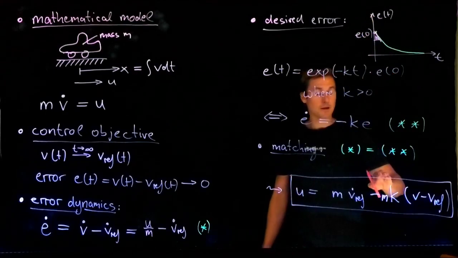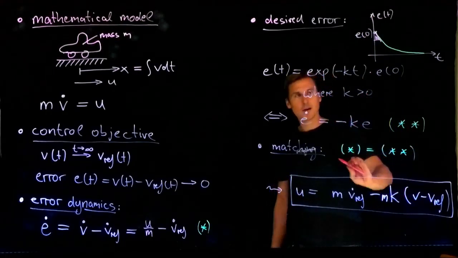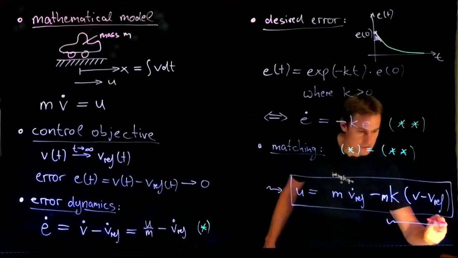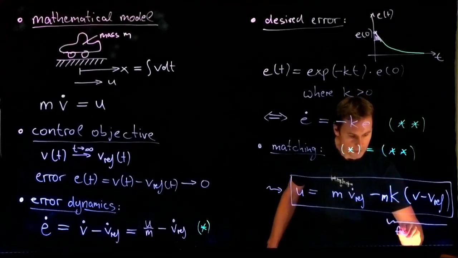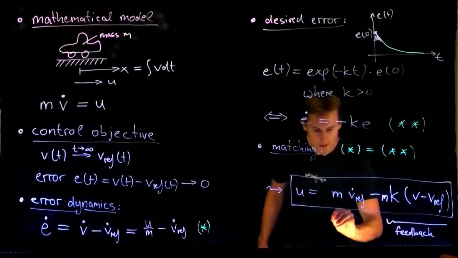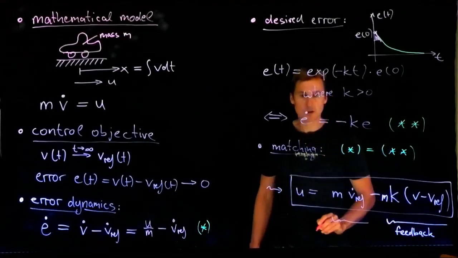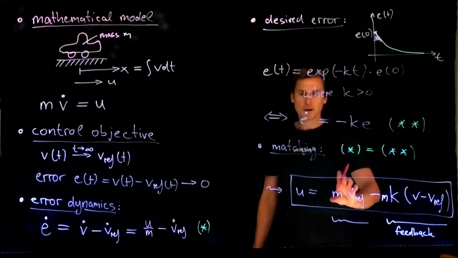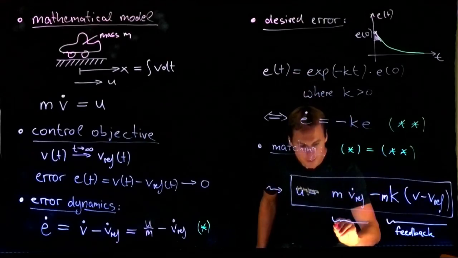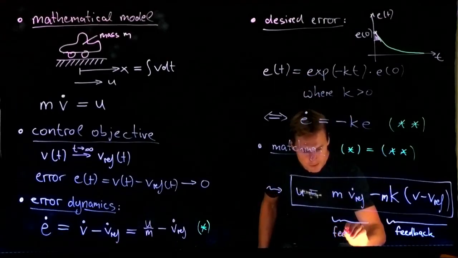So you can see, make the gain k larger, push the pedal harder, means the error is going faster to 0. So this here really is what before I called my u FB, my feedback. And this part here depends on an exogenous signal, namely I anticipate my reference velocity changing over time. And so this is a feed-forward signal.